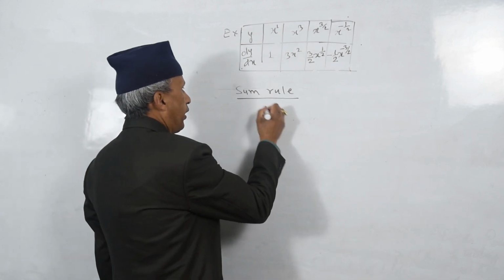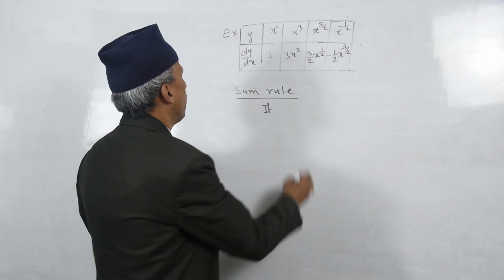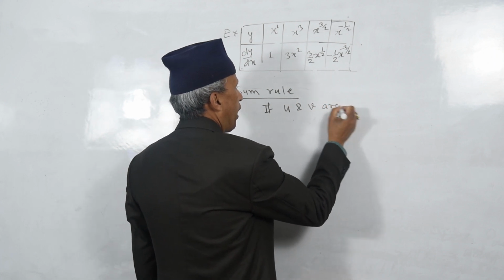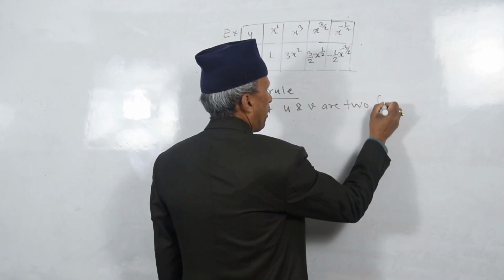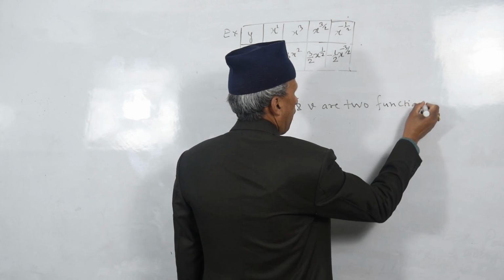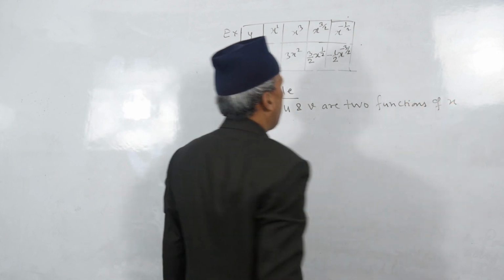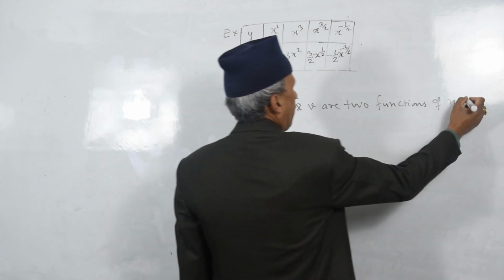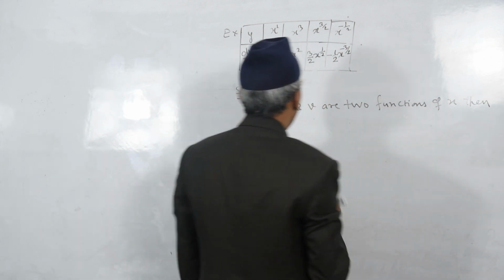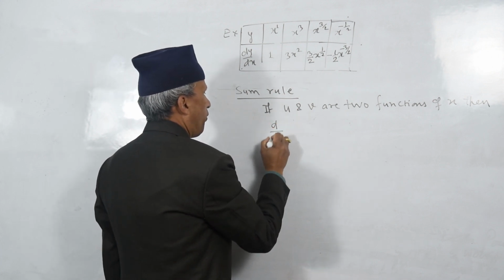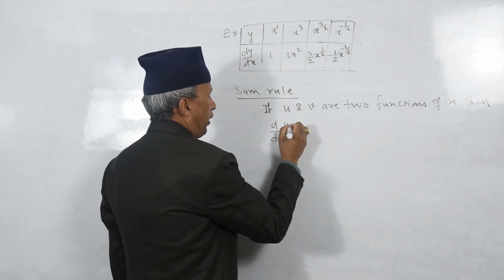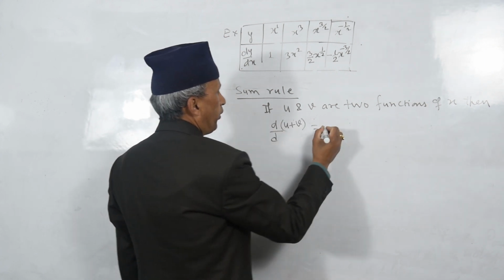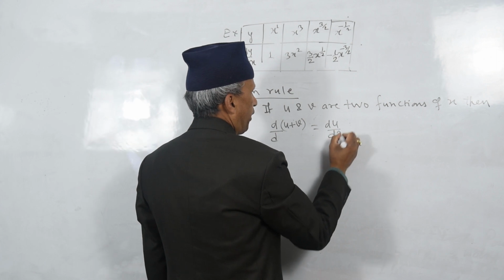If u and v are two functions of x which are continuous, then the derivative of their sum is equal to the sum of their derivatives.